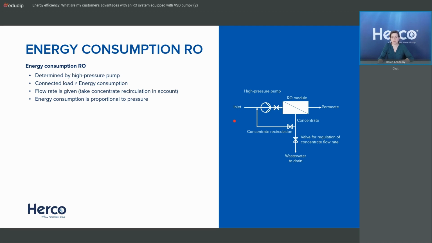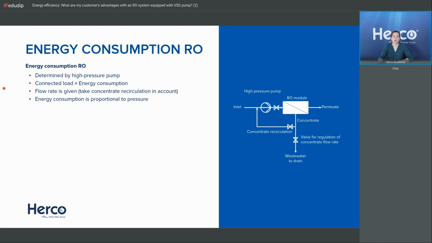Let's say you have one unit with a non-regulated 1.5 kilowatt pump, and one unit with a regulated, so VSD, 2.2 kilowatt pump. It doesn't follow that the VSD unit with the 2.2 kilowatt pump will use more. It might use consistently less than the 1.5 kilowatt. Sometimes VSD pumps have a higher power rating than the normal pumps for the same flow rate, but their consumption will still be lower because you can adjust.